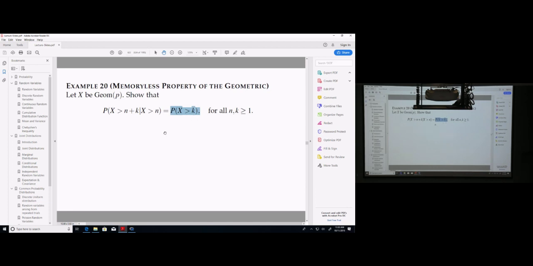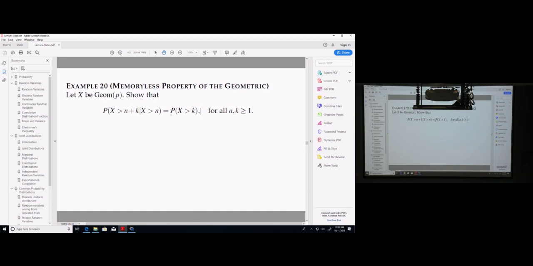Now, to change it to something we are more familiar with, suppose you know that I have lived beyond n years. Then you wanted to see whether I would live another additional k years. Now, we know that we age, right? As a result, the probability is different from that of I just live another k years.